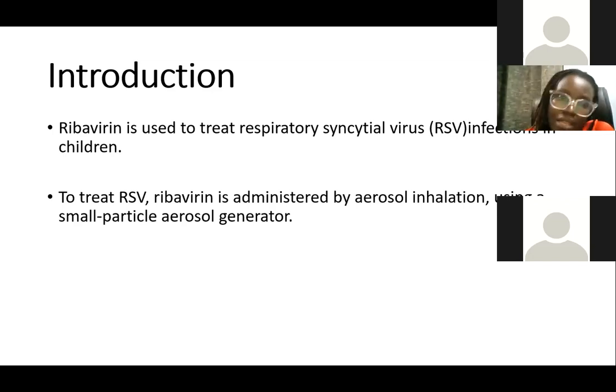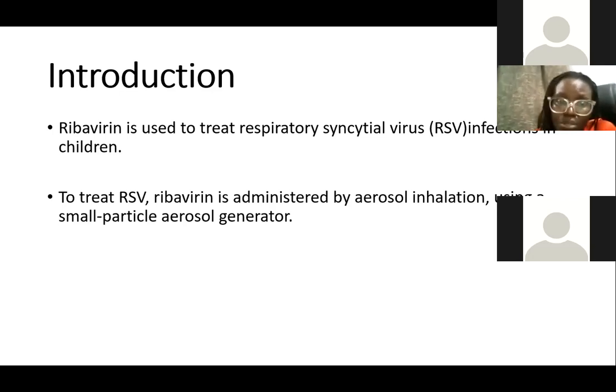I must say that it's not common in use. In fact, it's not available in our setting. So it's good to know, but usually in our setting, management of bronchiolitis is supportive. We don't have Ribavirin to treat the RSV.